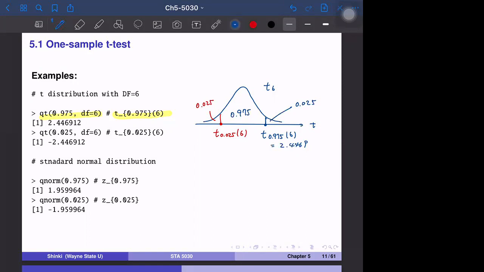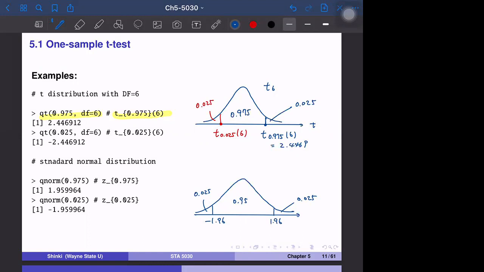Remember that for the normal distribution, if you have taken a stat course, the center 95% coverage, suppose this is 0.025, 0.95, and 0.025, then this was 1.96 and negative 1.96.